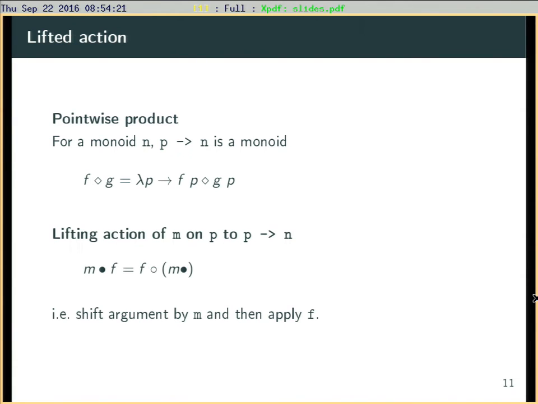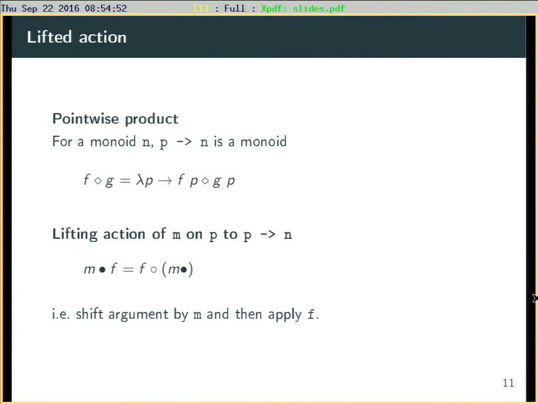If you have a monoid M acting on P, then essentially you can lift it to an action on the function space. And this action is distributive irrespective of what P is. So M might not be distributive on P. In fact, P might not even be a monoid. Like in our case, P is pointers; they don't form a monoid. So it doesn't matter what it is, but this is always distributive.